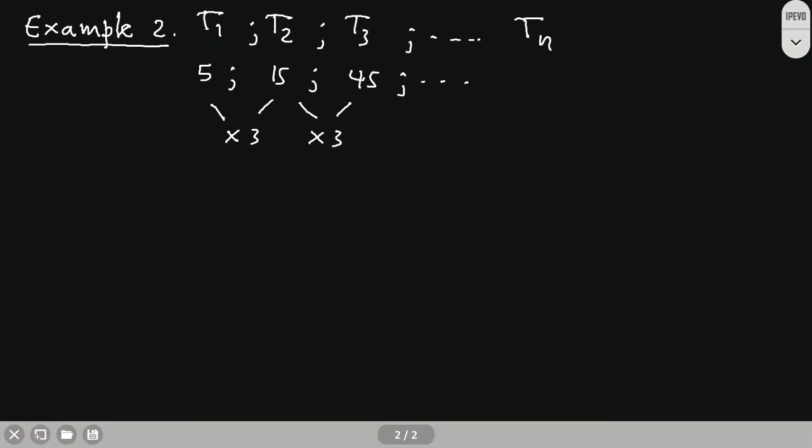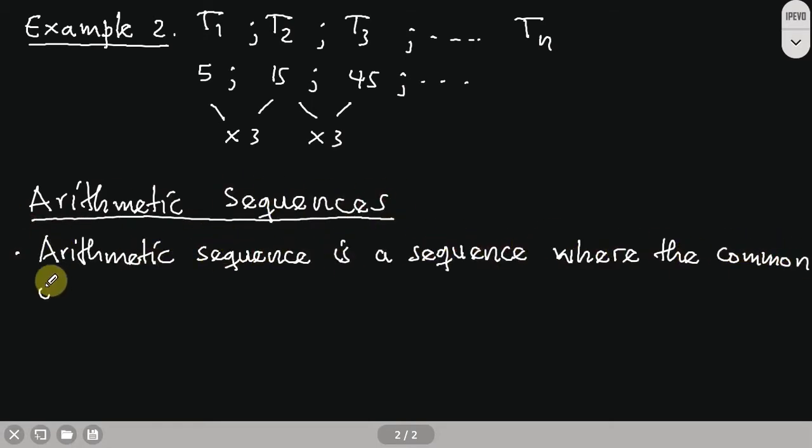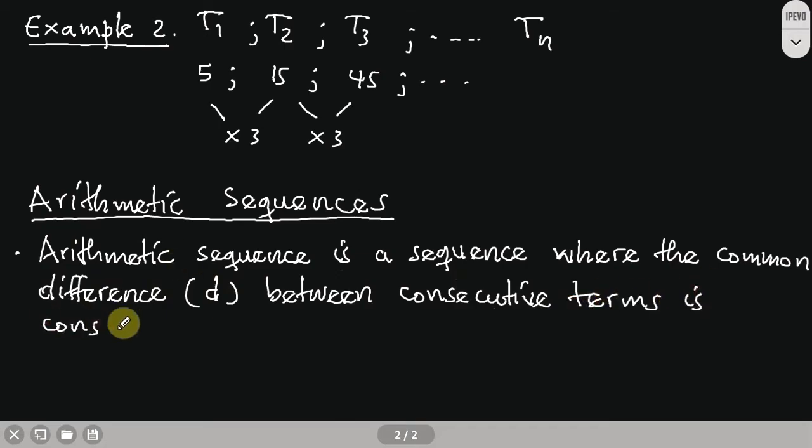Okay, now let's move on to arithmetic sequences. An arithmetic sequence is a sequence where the common difference, denoted by D, between consecutive terms is constant.